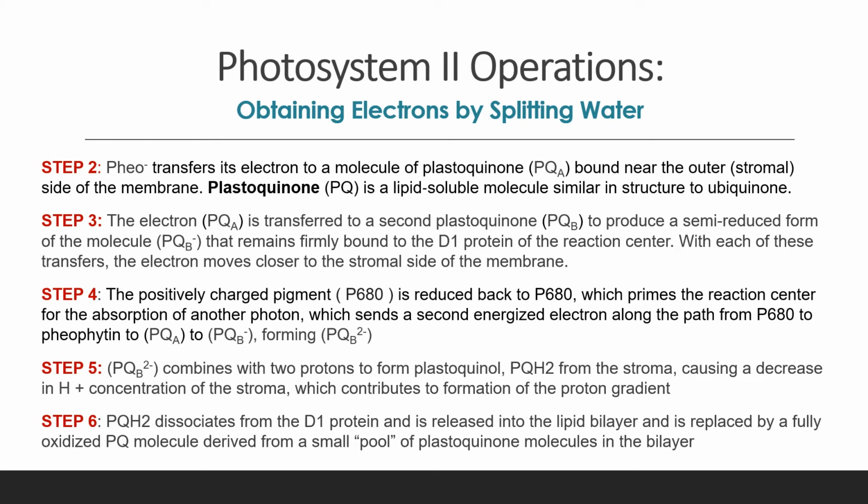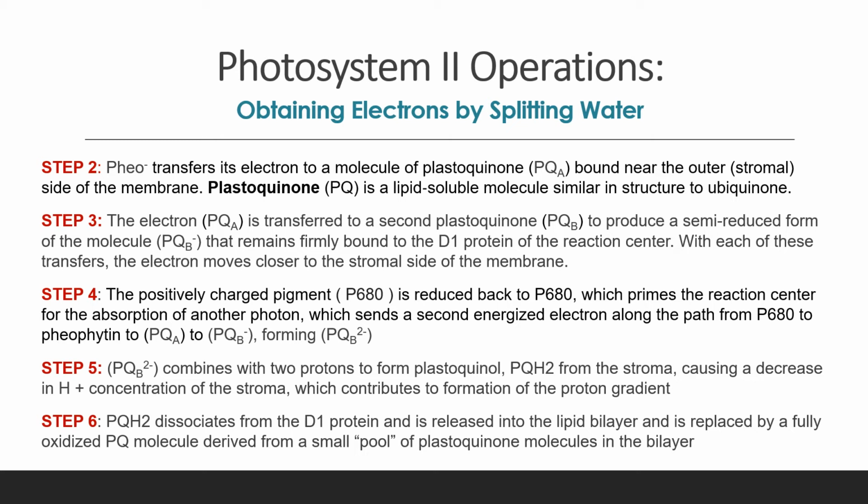And then step 6, PQH2 dissociates from the D1 protein and is released into the lipid bilayer and is replaced by a fully oxidized plastoquinone molecule derived from a small pool of plastoquinone molecules in the bilayer. These steps in photosystem 2 would be easier to understand if you follow the image that you will see in your book.